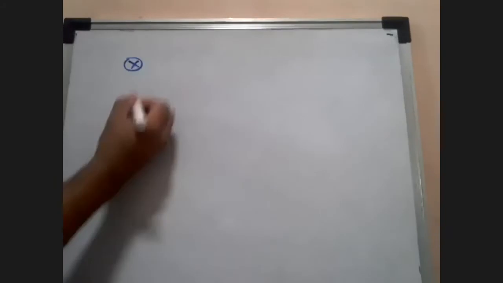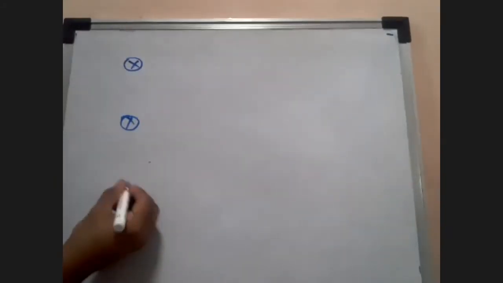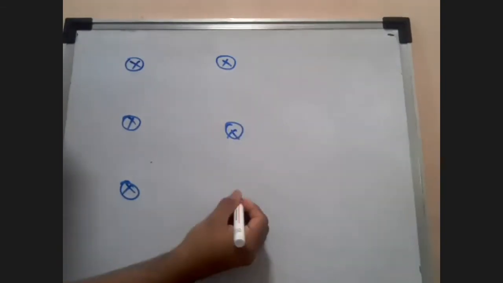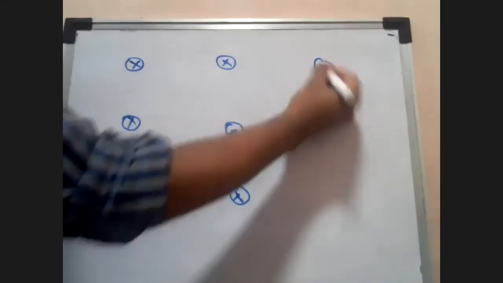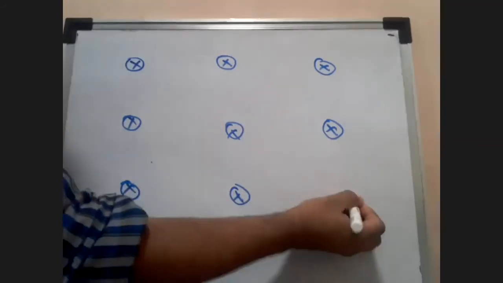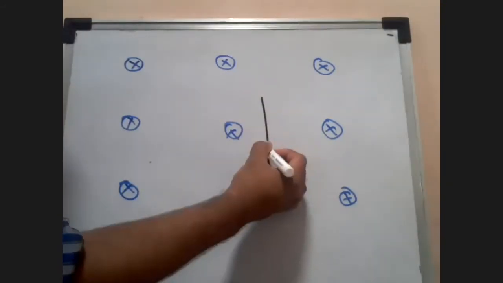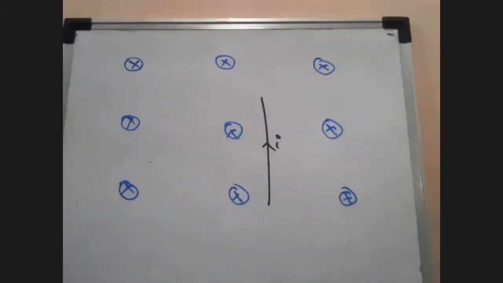Right. So let's say this is my magnetic field. And in this case, students, let me say that my conductor is like this and it has a current I passing through it. In that case, can you tell me where the force is, students?